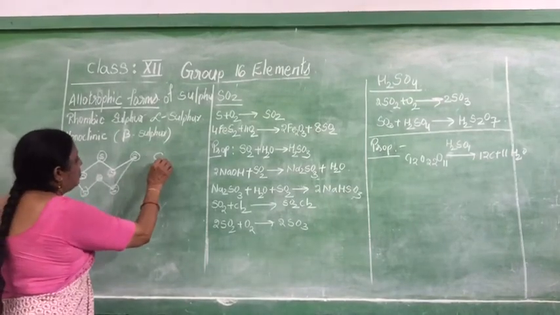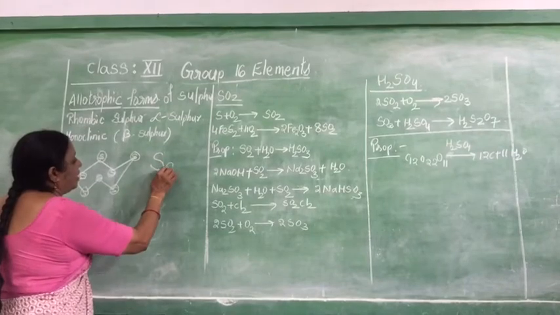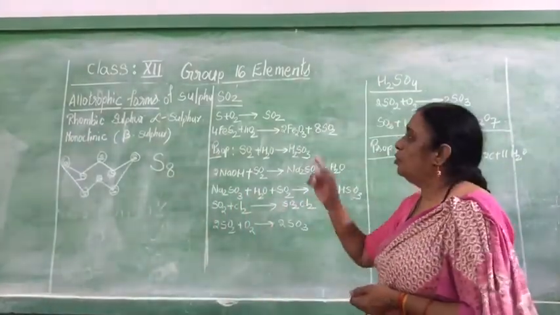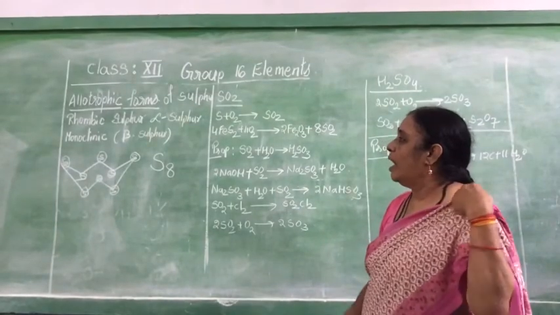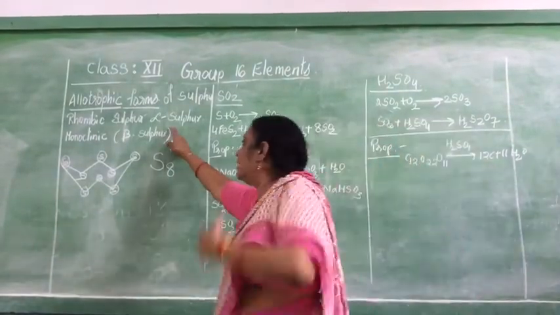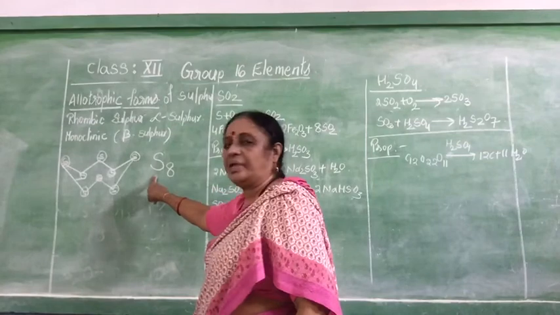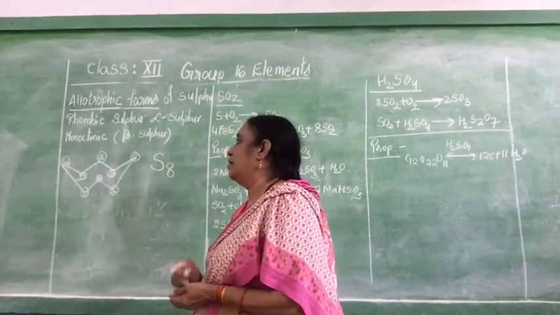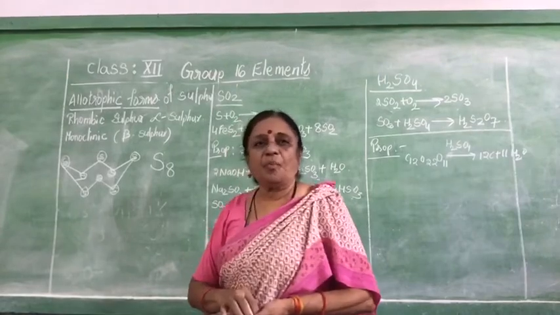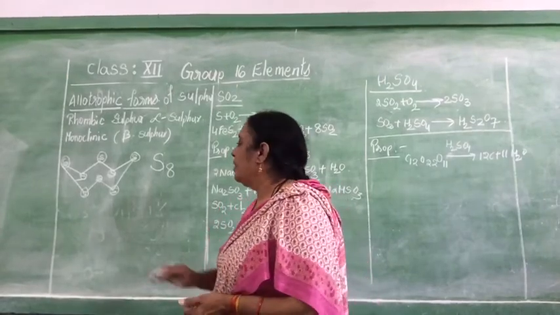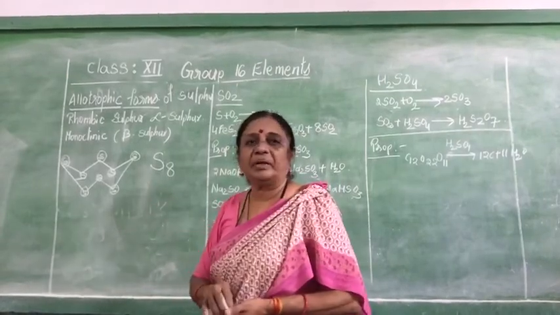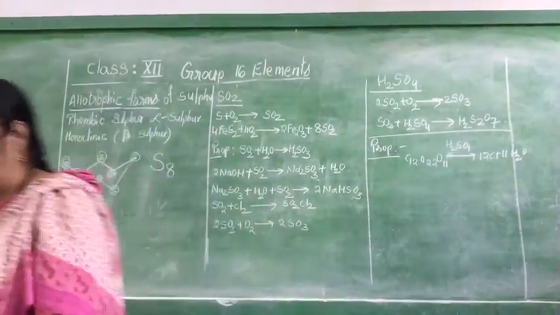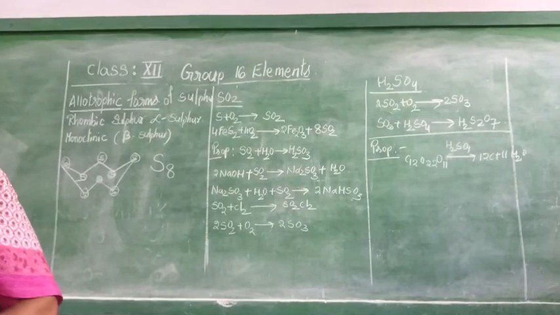Therefore sulfur is represented by S8. Both monoclinic and rhombic sulfur have 8 sulfur atoms. The molecular formula is S8 in the form of a puckered ring structure or boat-shaped structure. Clear, children? Now next.